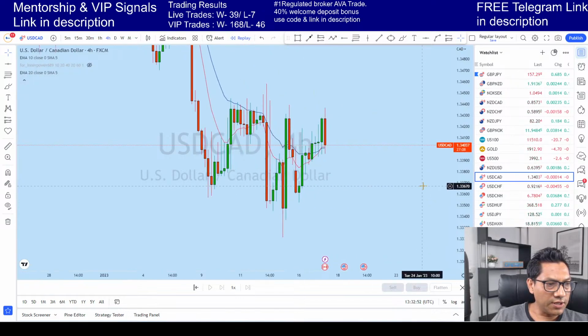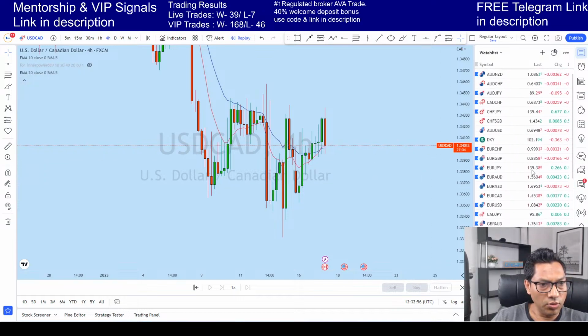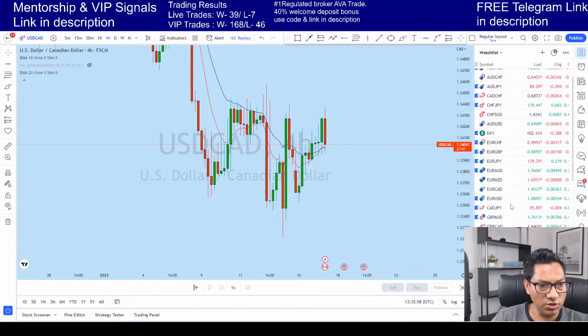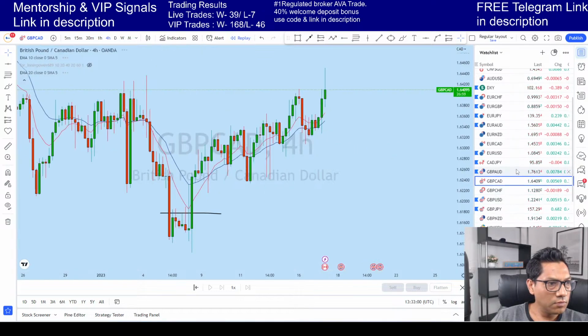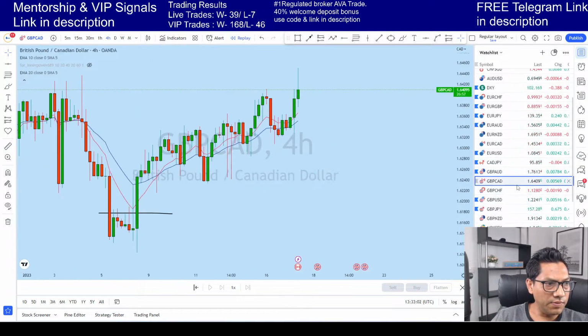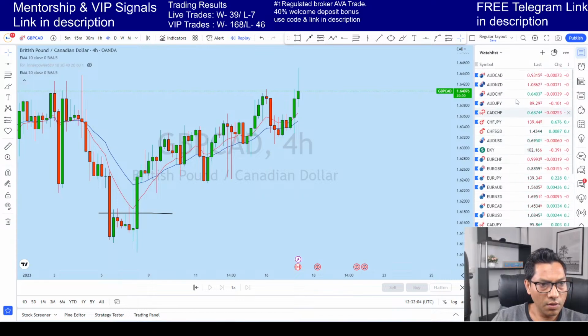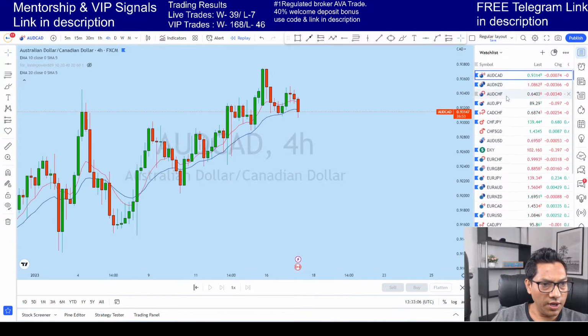Okay, so we see that CAD is getting stronger. Let's look at other instruments to see how CAD is doing. So from GBP CAD we have seen a drop. On AUD CAD also the same way.